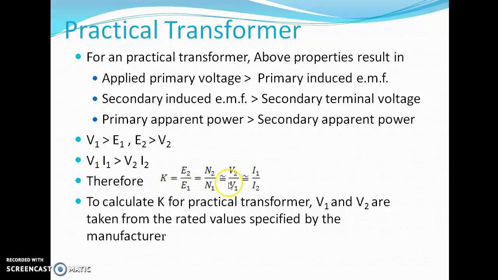Therefore, in case of a practical transformer, though K is equal to E2 upon E1 and N2 upon N1, it is not exactly equal to V2 upon V1 or I1 upon I2. That's an approximate relationship. For finding the value of K for a practical transformer, V1 and V2 are taken as the rated values specified by the manufacturer.